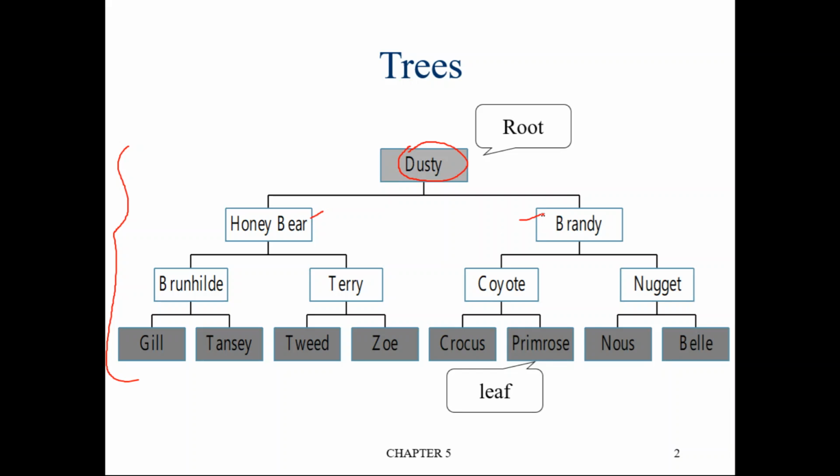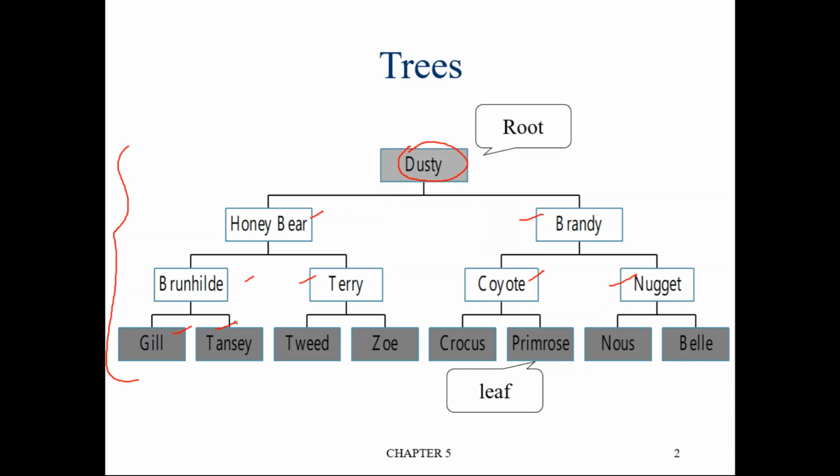Honeybear again has two children, Brunhild and Terry, and Brandy has two children, Coyote and Nugget. And Brunhild has two children, Jill and Tansy.